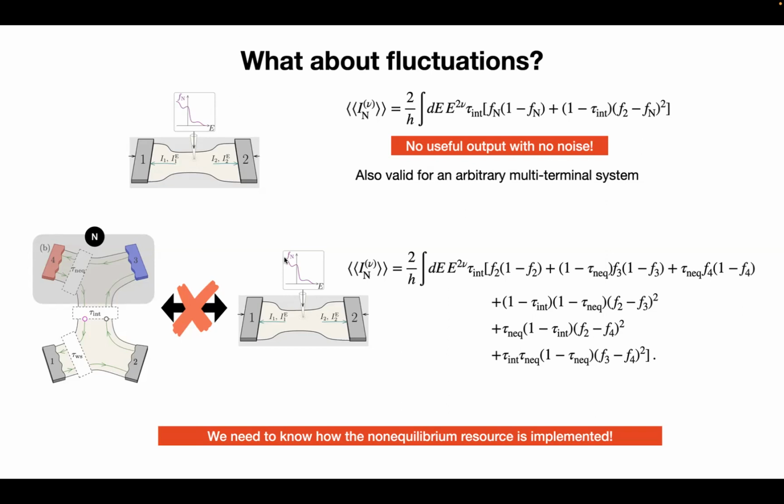Okay, so this is just to say that if we want to characterize the noise, we need to know how the non-equilibrium resource is implemented. It makes a difference whether you just say, you give me whatever funnily shaped non-equilibrium distribution, or you construct it this way, for example, with mixing two thermal states. So it's very much dependent on how you implement the system.